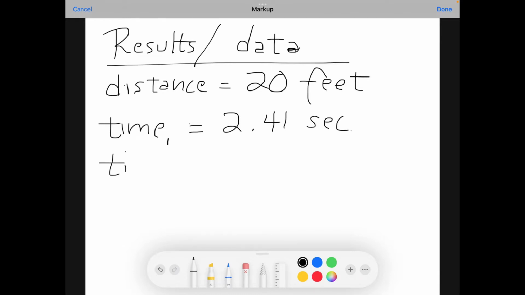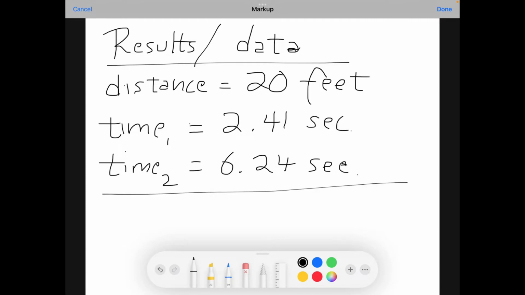Our time, number 2, was 6.24 seconds. Now that we've got some data, let's put them on a graph and see what slopes we get.